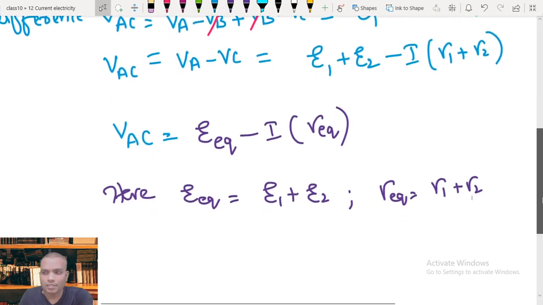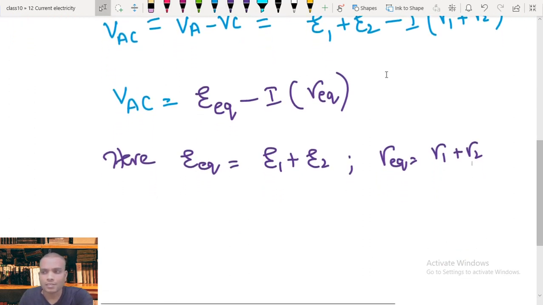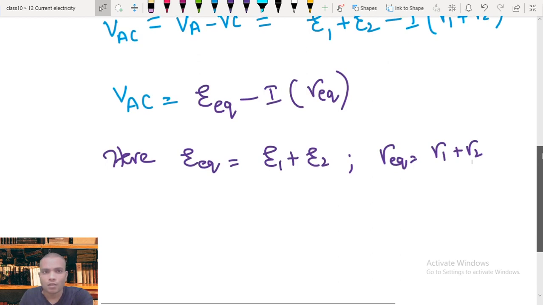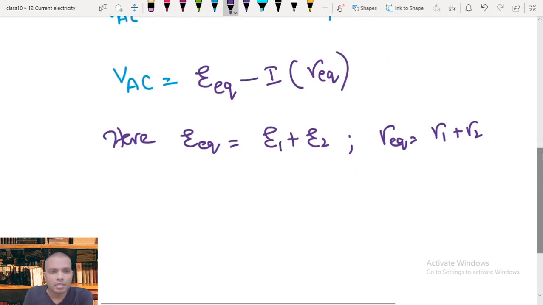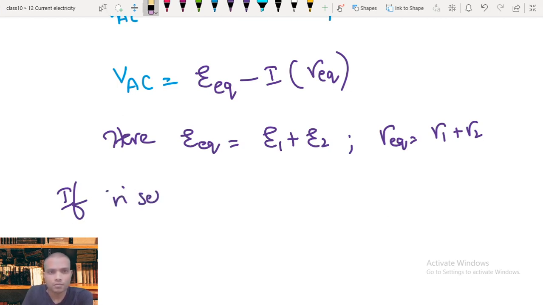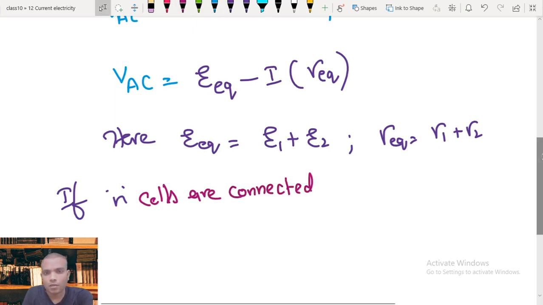Suppose we connect n cells, small n cells, connected in series, how does the above expression change?